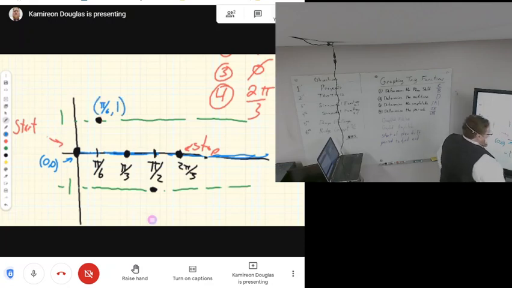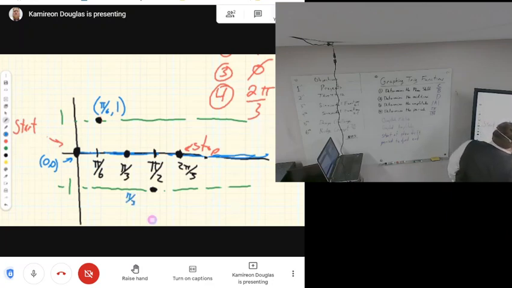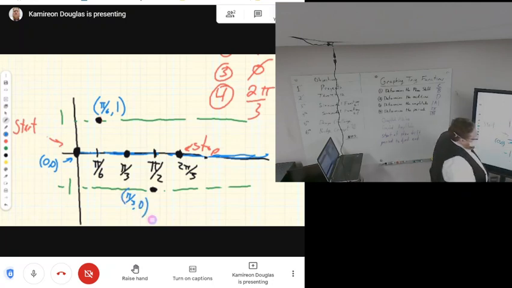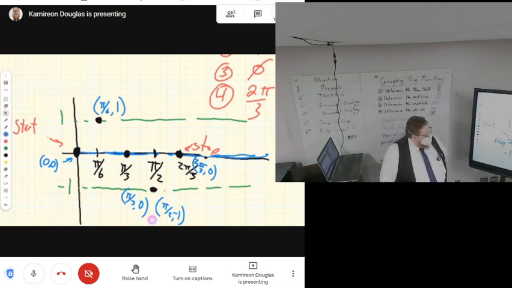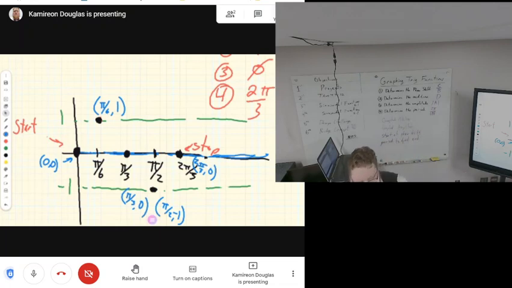Third dot, pi over 3, 0. Fourth dot, pi over 2. And last dot, 2 pi over 3, 0. I'm just listing out all the points. Normally, I'll do this on a separate piece of paper, so I have them listed out.